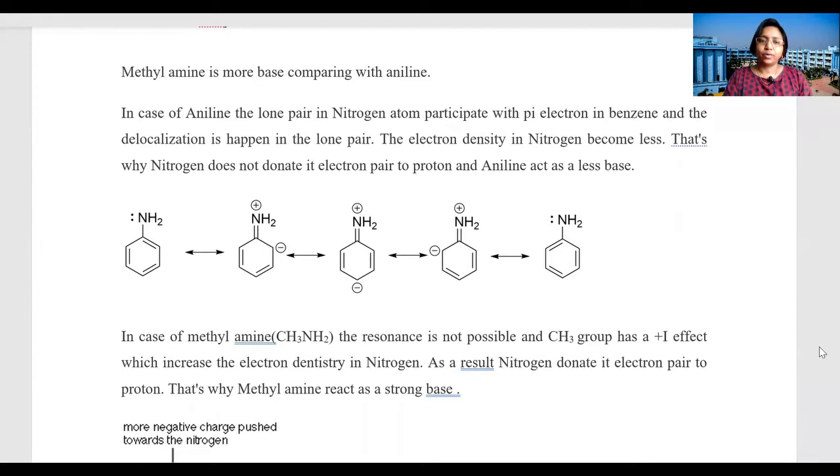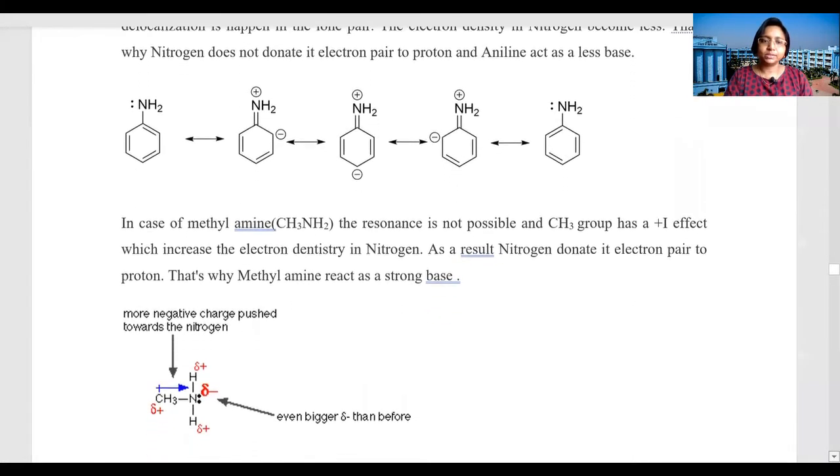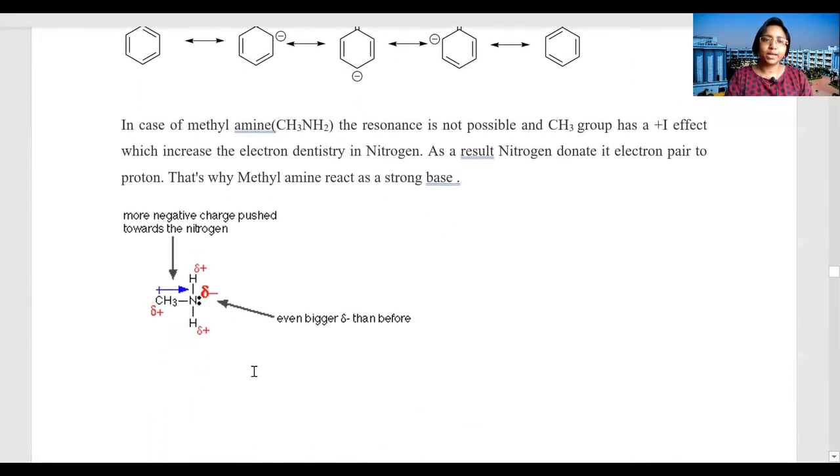But what happens for methylamine? Now let's see. This is the structure of methylamine. You can see the lone pair on nitrogen and the methyl group attached here.